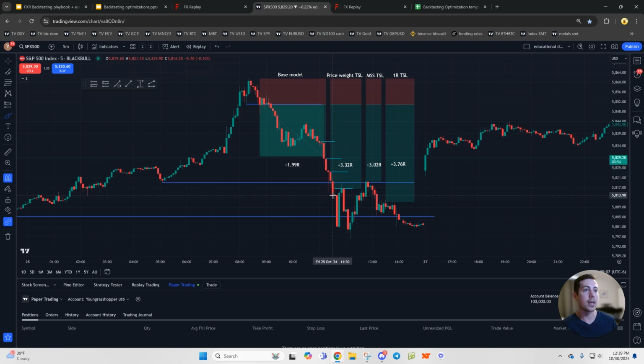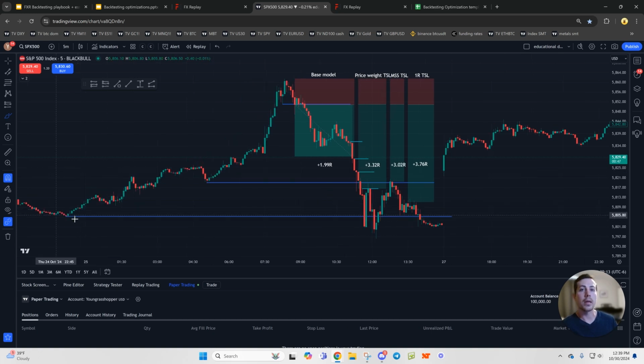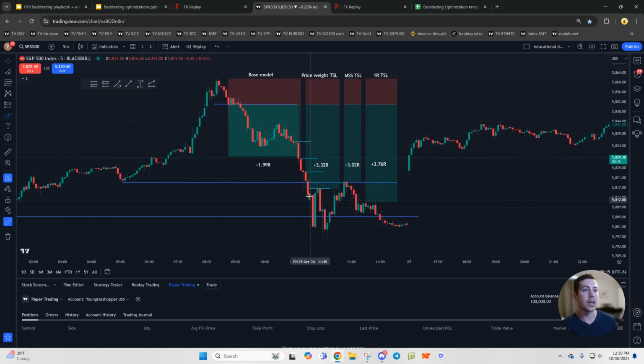Same thing: the candle that swept this local low, I would trail my stop to the candle before. And then finally you have a low back here that price took out, and I would trail my stop to the candle before. Ultimately this trade, using this price weighting trail, would have gotten you 3.32R, over 50% more than the base model.